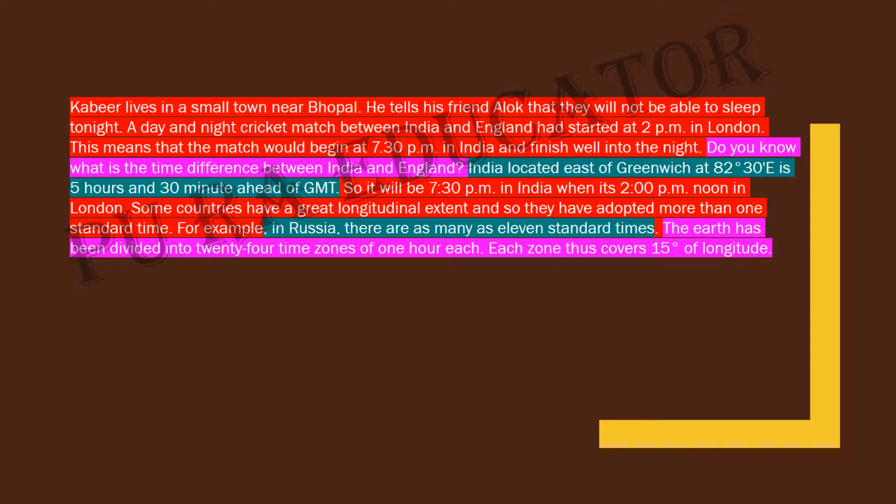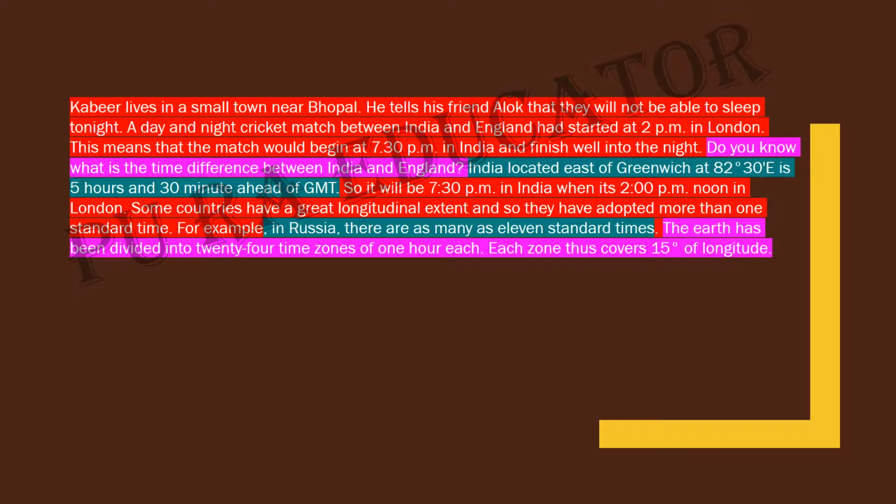India has only one Indian Standard Time, while the countries whose territories are very large, and for which it would be difficult to work according to one standard time, have been divided into several local standard times. For example, in Russia there are 11 standard times.